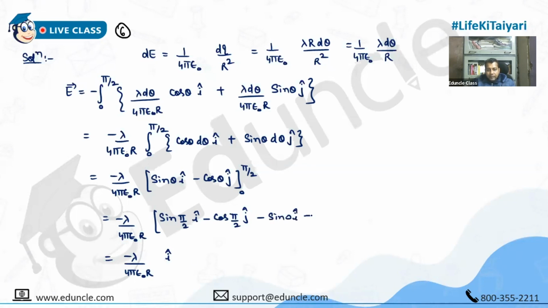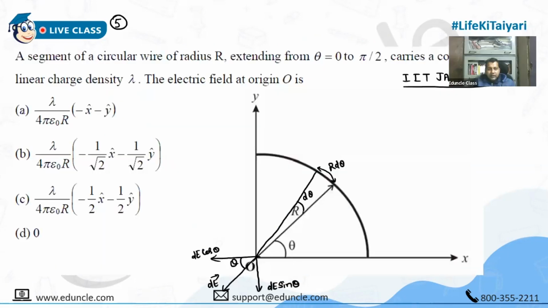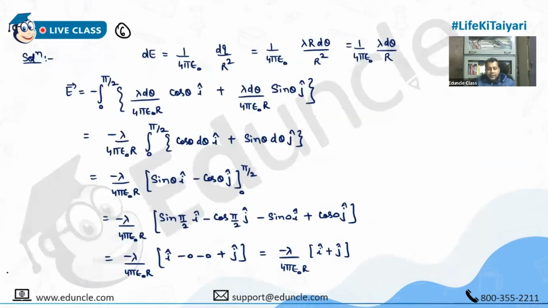Minus sine 0 i cap plus cos 0 j cap. This one will also be there. No? Yes, sir. So this is clearly A option. Please check. Yes. Clear to all? Yes, sir.